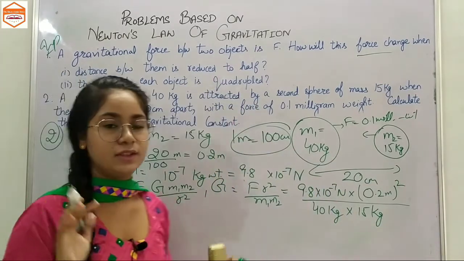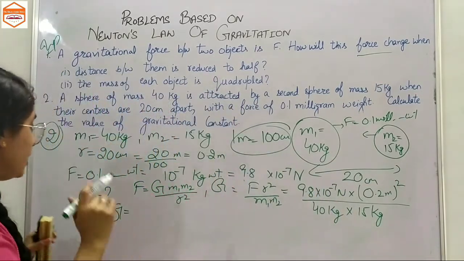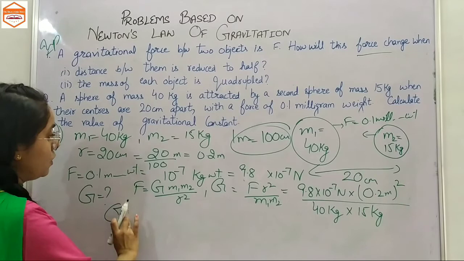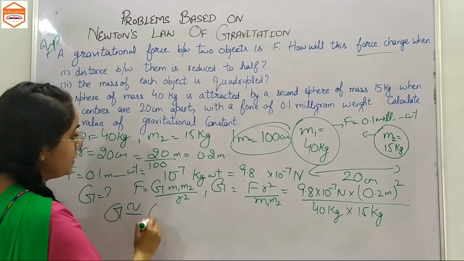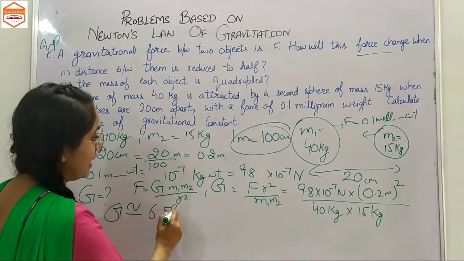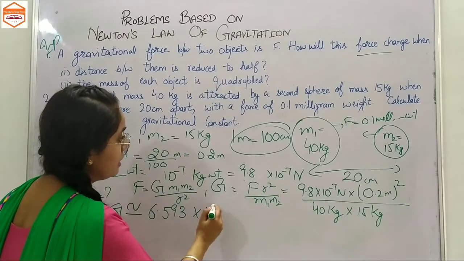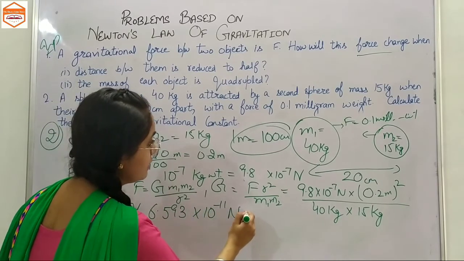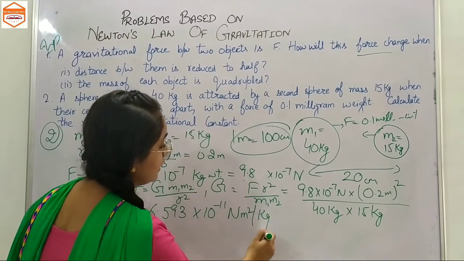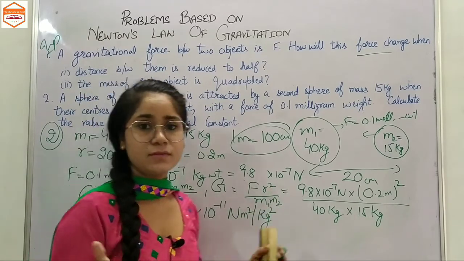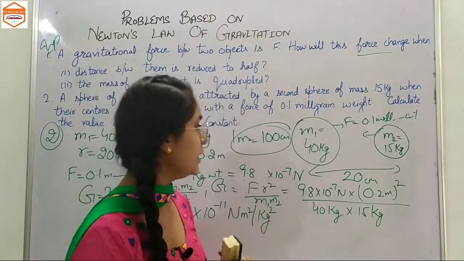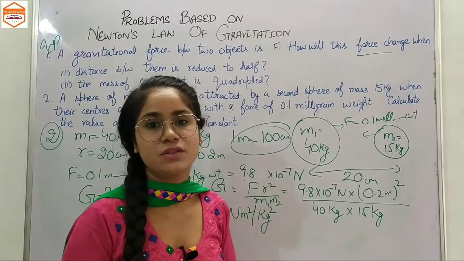So we're going to solve it on the calculator, and after solving you will get the approximate value of 6.593 into 10 to the power negative 11 newton meter square over kilogram squared. So this is how you will find G here, the universal gravitational constant.